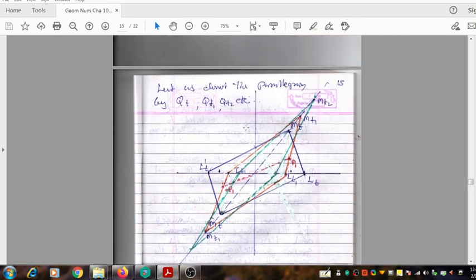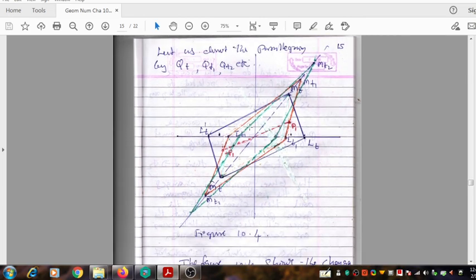But you can keep thinking about this change continuously taking place in the parallelogram, in order to understand the point that we are going to explain further. So you need to imagine the changes taking place to this parallelogram.